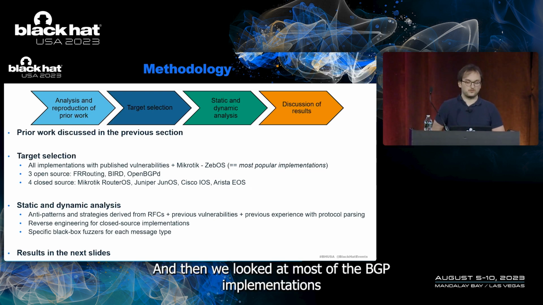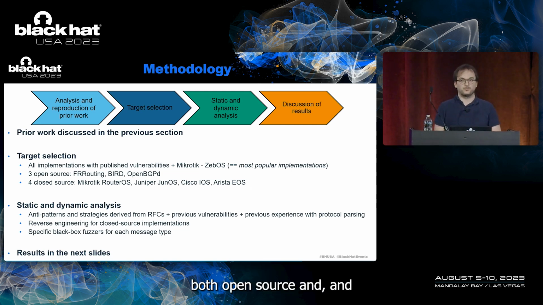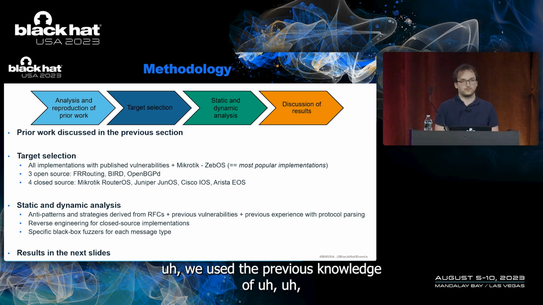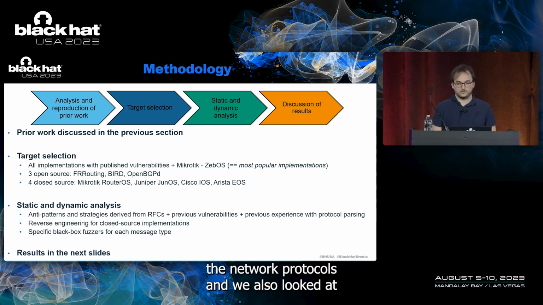And then we looked at the most popular BGP implementations. And so this led us to select multiple implementations, both open source and closed source. And for the actual analysis, we used our previous knowledge of vulnerability research on network protocols.